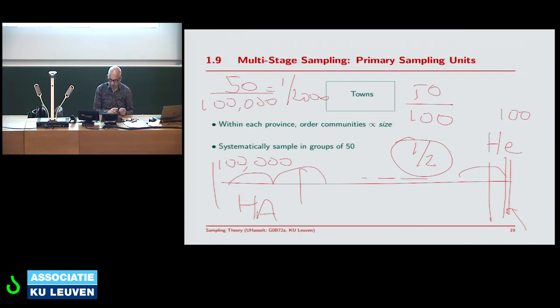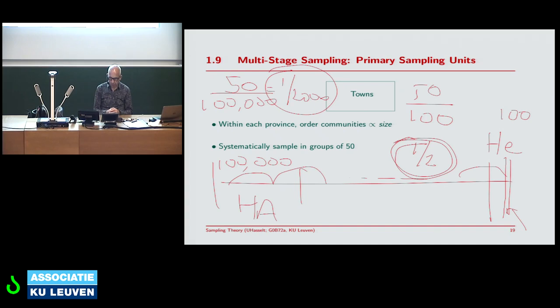So if I multiply these two probabilities, the probability of selecting Hasselt and the probability of selecting a person within Hasselt, that probability would be constant, right? Because if I just round and say the selection probability for Hasselt is 1, then that for Herstappe is 1 per 1,000. 1 times 1 per 2,000 versus 1 per 1,000 times 1 per 2 would twice be the same thing. And this is a self-weighting aspect.